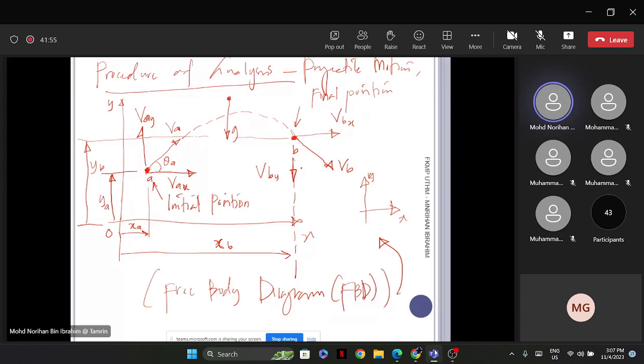Of course, you need to come up with this free body diagram, identifying O as the origin, and the horizontal distances of the initial and final positions, XA and XB respectively. Similarly in the Y direction.